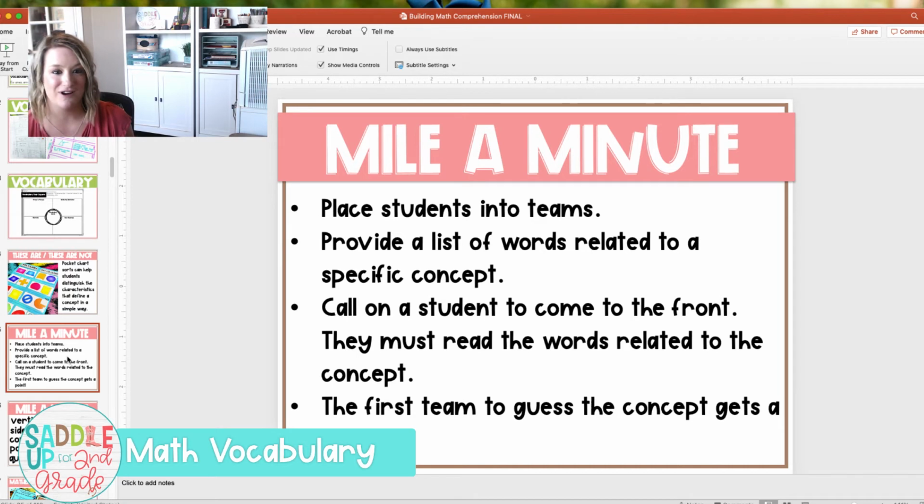Then you call on a student to come up to the front, and they begin randomly reading those aloud. The first team to guess the concept related to those vocabulary words gets a point. I've done this several different ways.